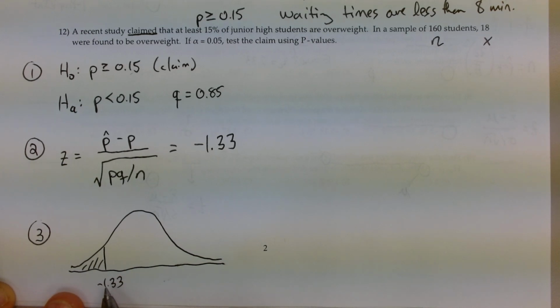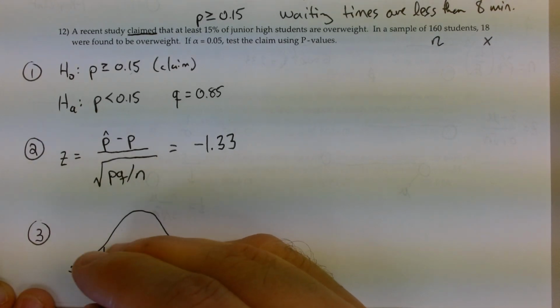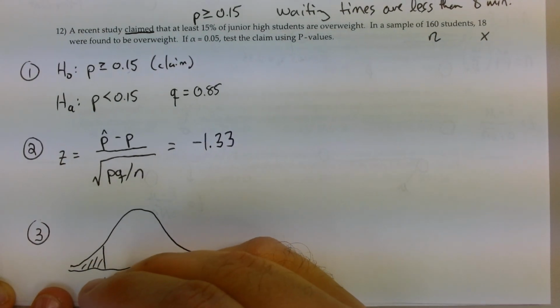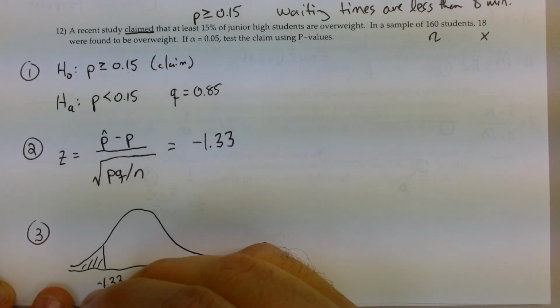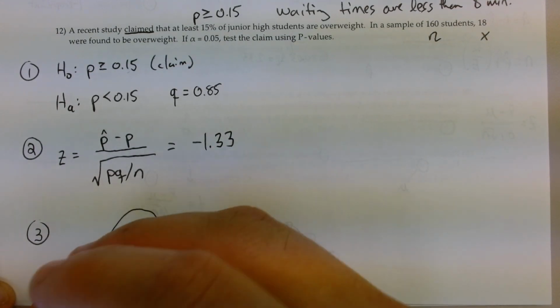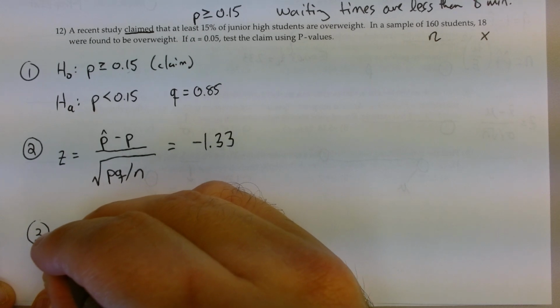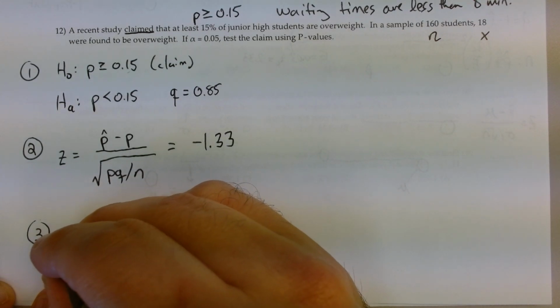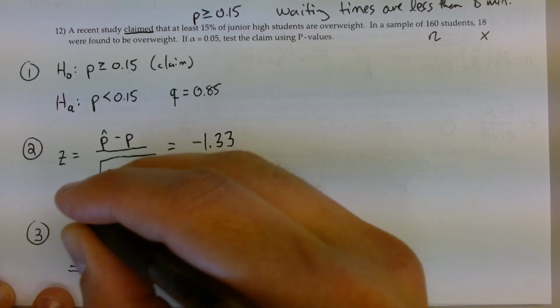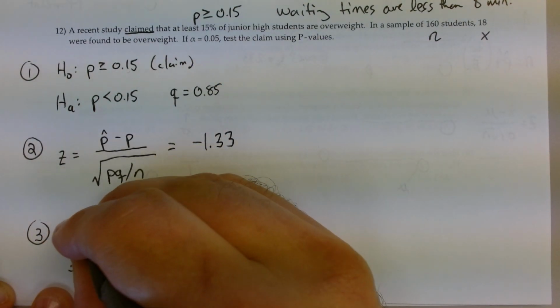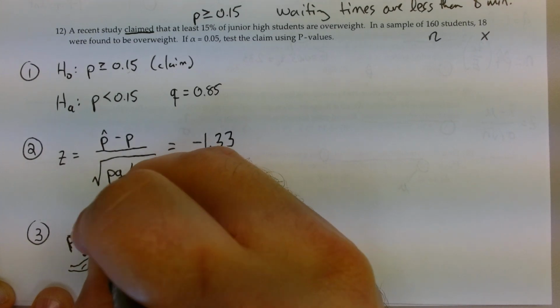You could do the calculator with the normal CDF, do like minus 10 to minus 1.33 to get this area. But remember that table E works best if you're looking for area to the left, because you can just look this number up and it'll immediately tell you this area. So in this case, I'll just say the P. Make this a big capital P to distinguish it from the other P's. But this is the p-value, is 0.0918.